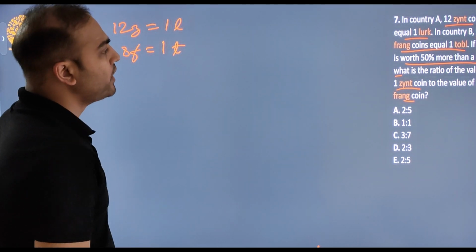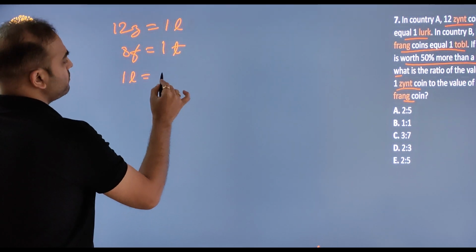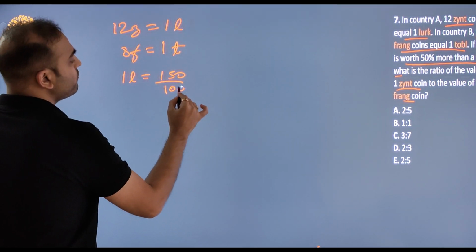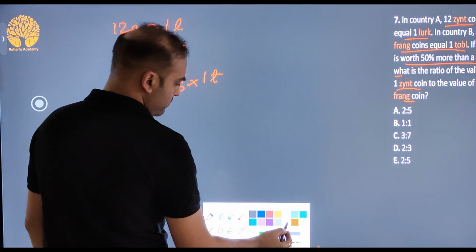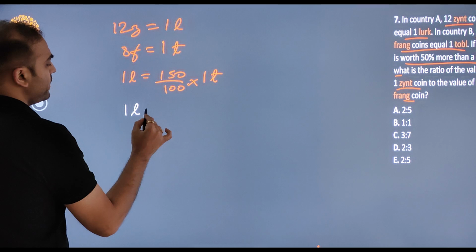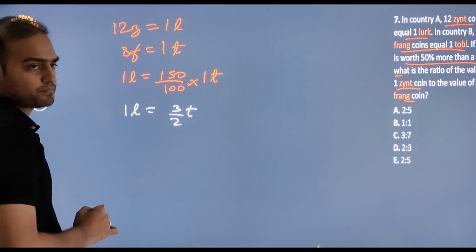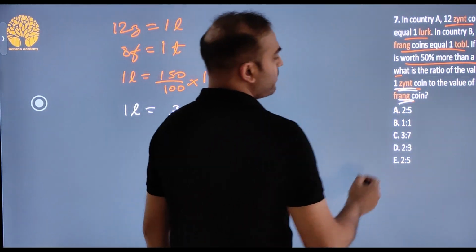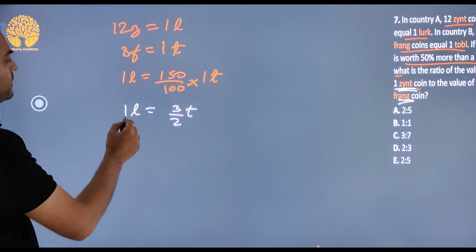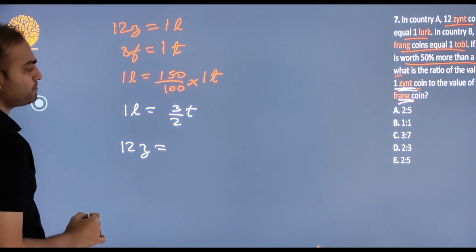And 1L is 50% more, 50% more means 150% of 1T. So 1L is 3/2 T, but we want the ratio between Z and F. So let's replace L by Z, so that's 12Z.